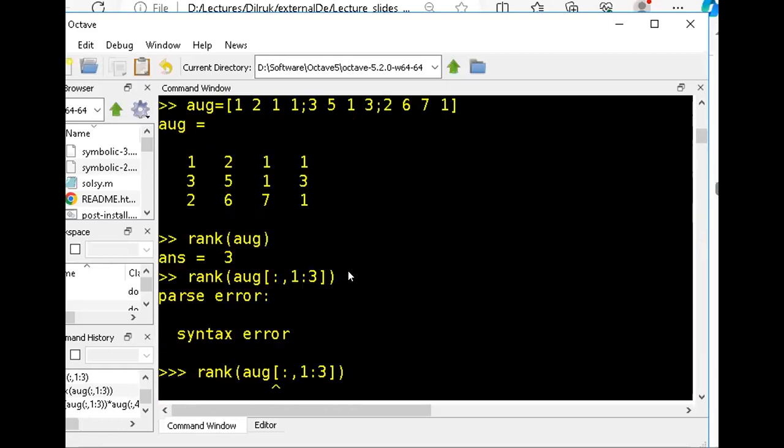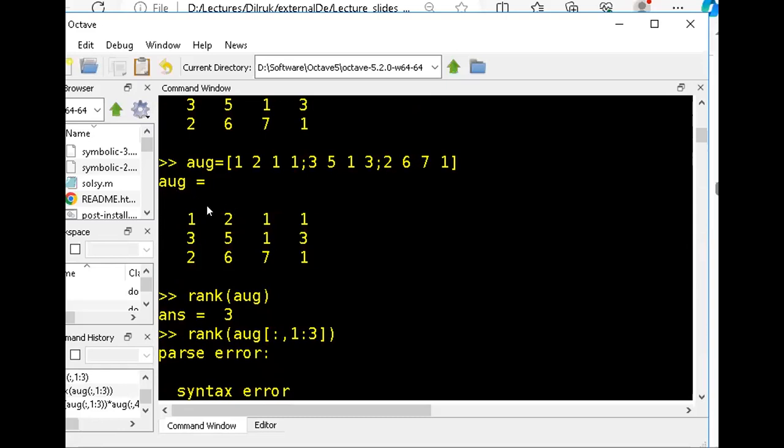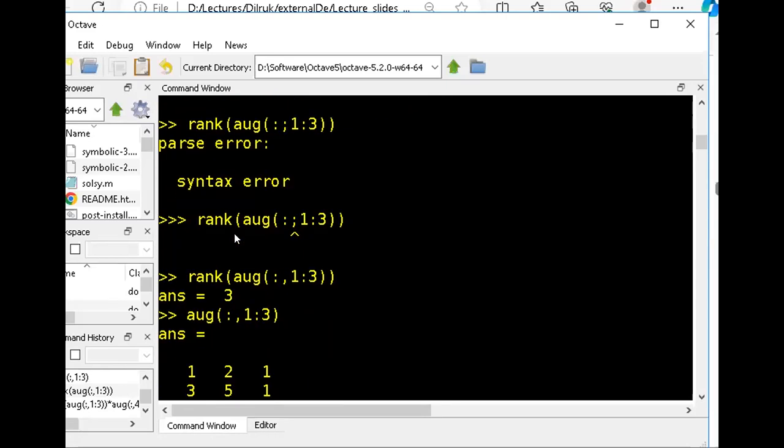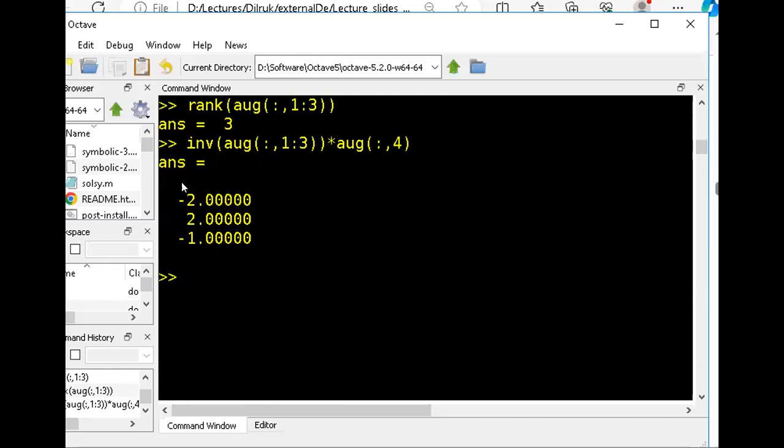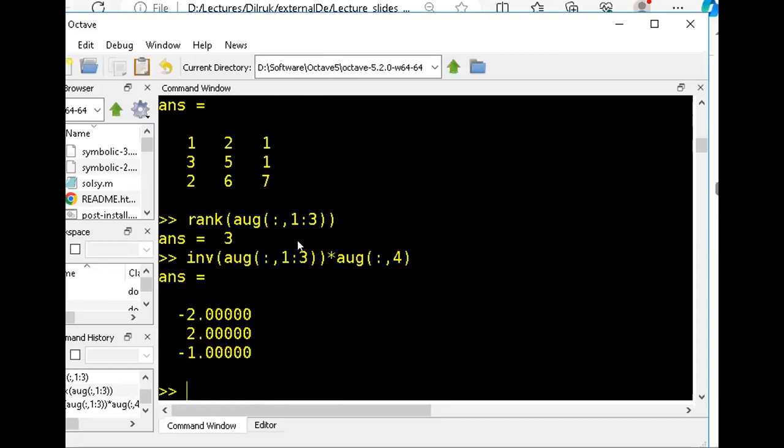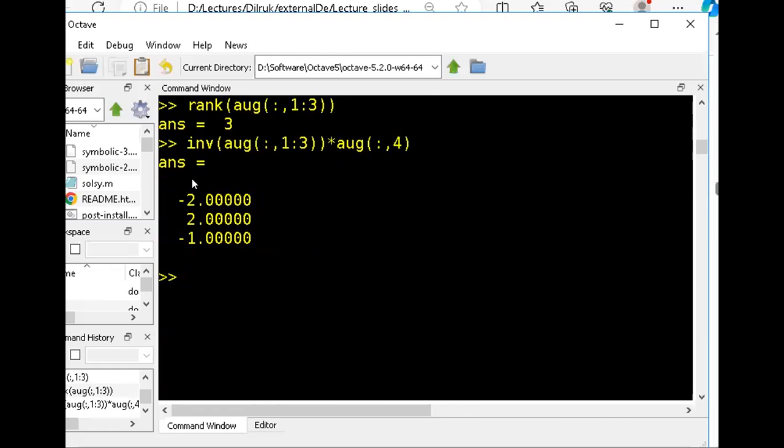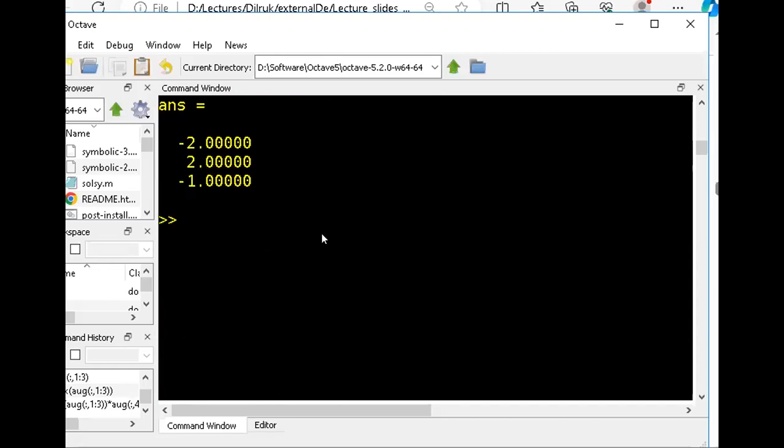Now I'm going to reduce this augmented matrix and check the solution again. Then you will see that you get the same solution, because when you perform row operations, the solution set won't be affected.